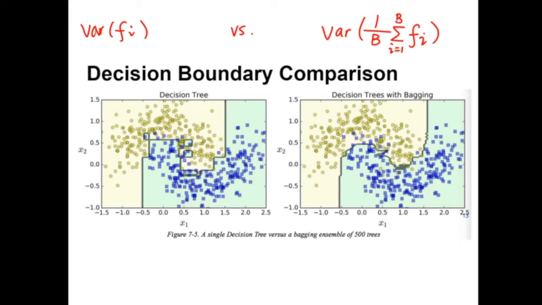If there's a small randomness in my training data, say this blue point is not sampled in the training data, then this whole small region will be gone, right? The blue region will be gone.